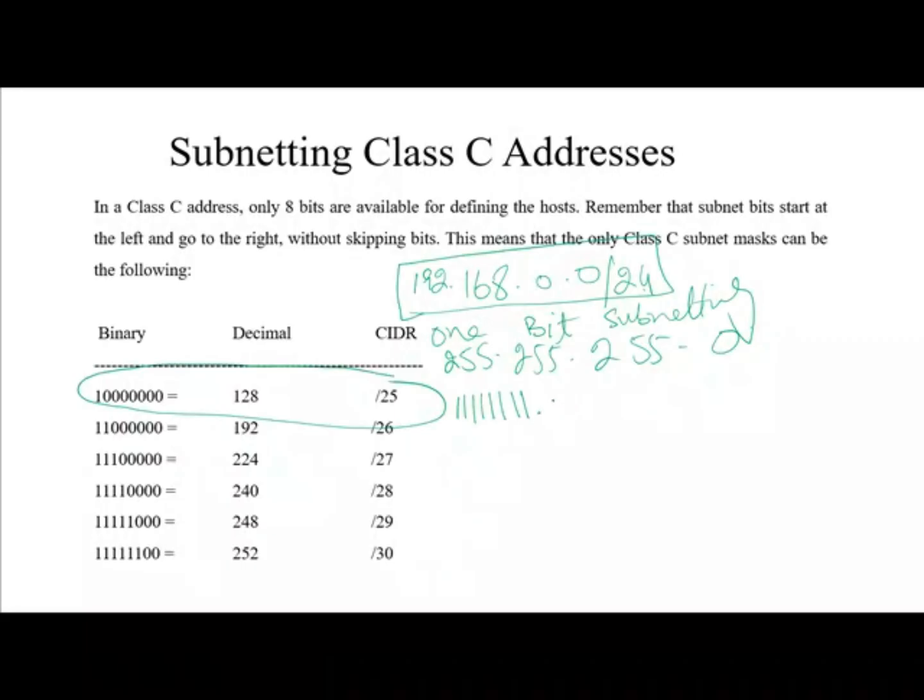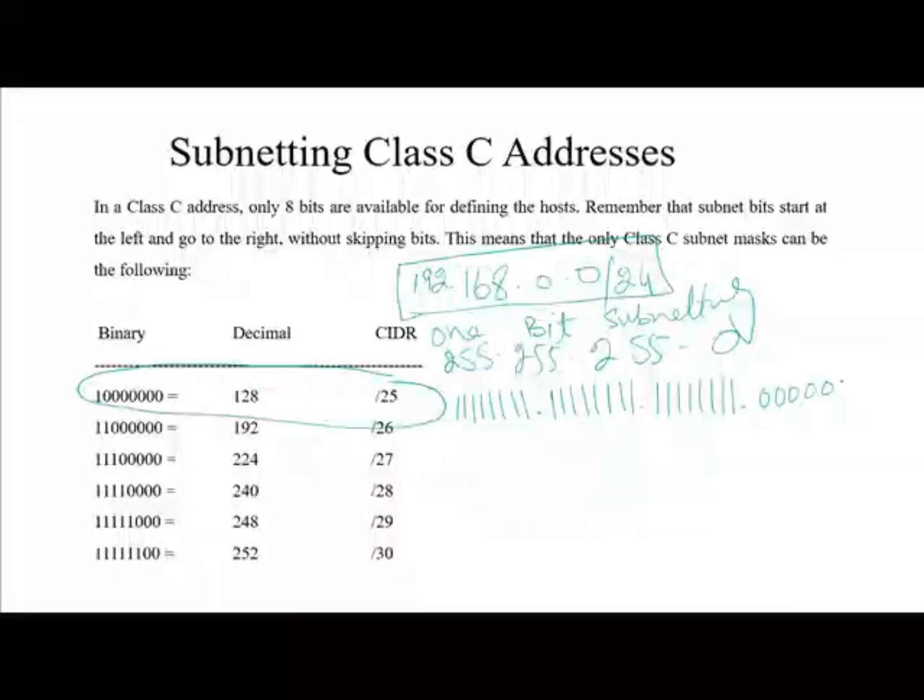Then 1, 2, 3, 4, 5, 6, 7, 8. Second dot. 1, 2, 3, 4, 5, 6, 7, 8. Third, and then we have all 0. 1, 2, 3, 4, 5, 6, 7, 8. So that refers to these things.